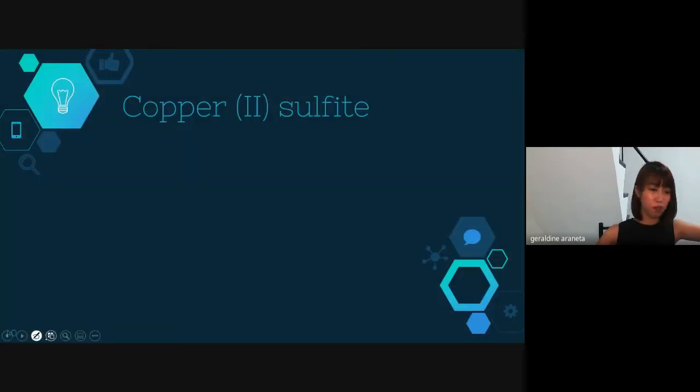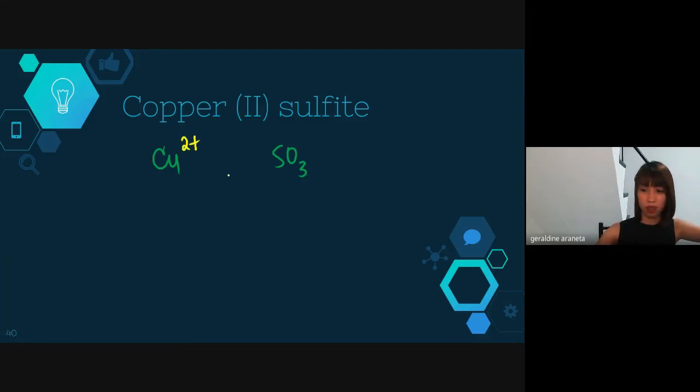I'll do this, tapos bigyan ko an example after. For copper 2 sulfide, so copper is Cu, sulfide from the periodic table that is SO3. Am I right? Yeah, SO3. So charge ni copper is 2 positive.